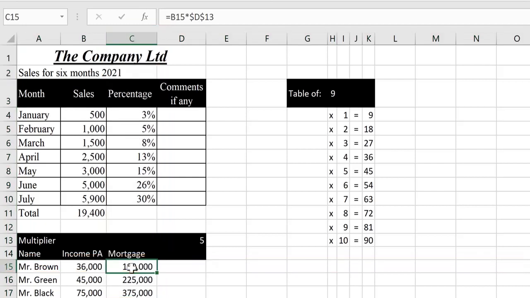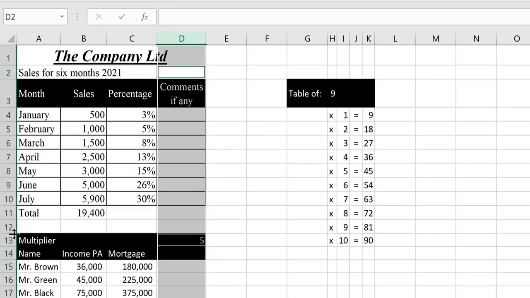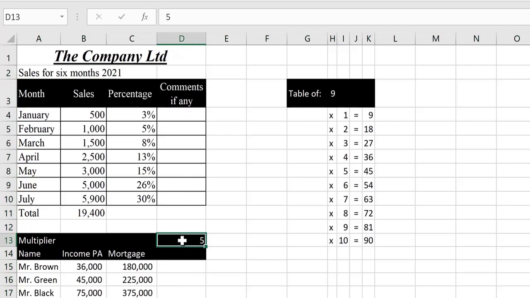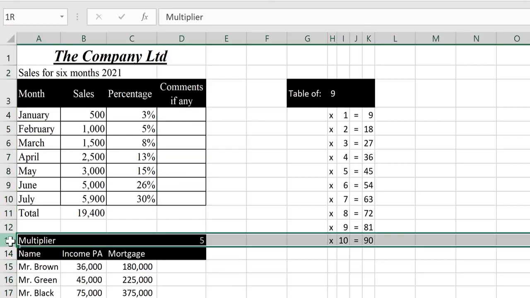Here we have made D13 absolute. Not only can both column and row be made absolute, we have the option to make only the column absolute or only the row absolute.